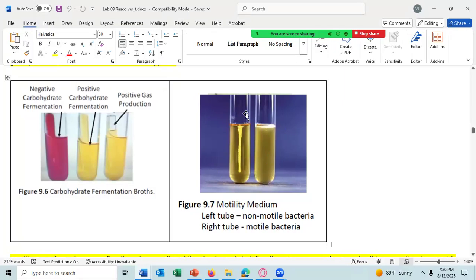And what you do is you inoculate the tube of solid agar. And if the bacteria are not motile, it will only grow in the stab. If the bacteria is very motile, the bacteria will swim everywhere in the tube, and you'll see the tube cloudy everywhere. Any questions about any of that?